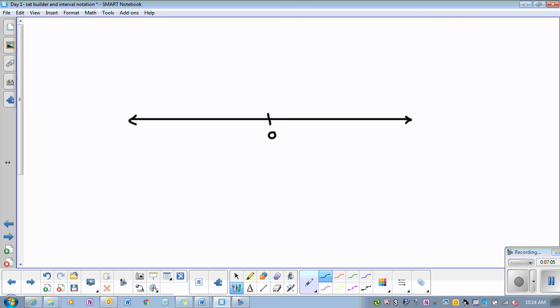Well, when I go to the right of 0, what kind of numbers am I going towards? Positive. So it could be positive 20 over here. It could be 50. What if I wanted to keep going? So I drew an arrow showing that I'm going forever and ever and ever. Where am I headed?